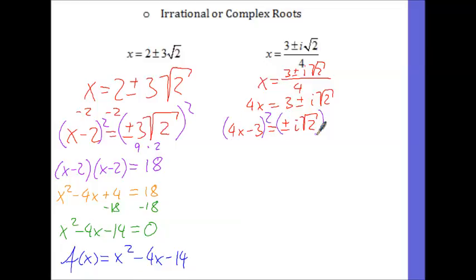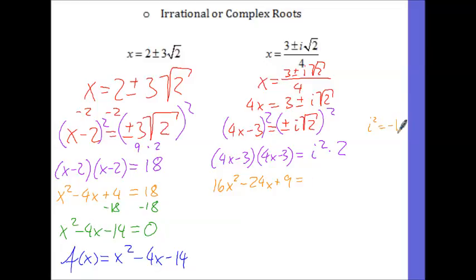Squaring both sides of the equation, we get 4x minus 3 times 4x minus 3 is equal to i squared times 2. Now let's go ahead and simplify both sides. On the left, we're going to FOIL, and we get 16x squared minus 24x plus 9. On the right, remember, i squared is equal to negative 1.